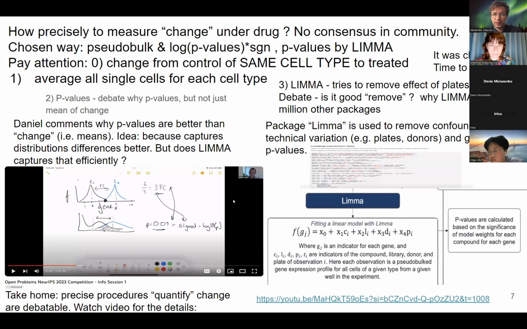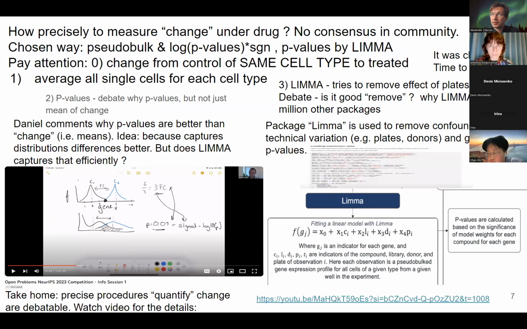One question. In the test set, am I right that they use the same controls or different controls? The control is always, as I said, DMSO, which is a solvent.